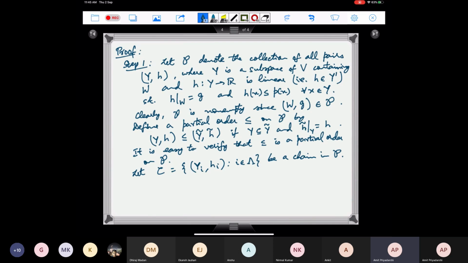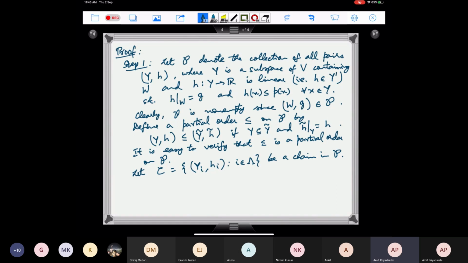And here, this chain need not be a countable collection. I'm writing (Y_i, h_i), but this can be over an uncountable index set Lambda also. So C is any chain in P, then we have to show that it has an upper bound.